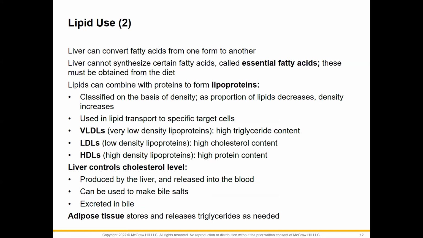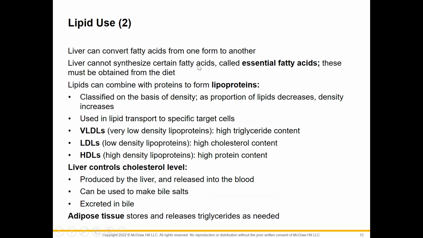Lipid uses, part two. The liver can convert fatty acids from one form to another. Remember, the liver has well over 500 different jobs. One of those jobs is to convert things from one form to another. The liver cannot synthesize certain fatty acids.